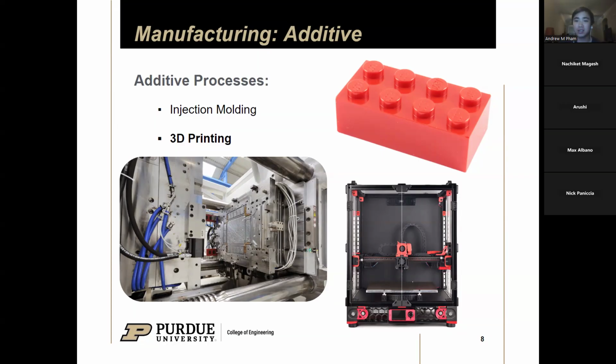But in this class, we're going to be focusing on 3D printing, mostly because as students, it's pretty available to us. I have them at my house, and there are plenty of them around campus. They're getting more and more available to students and the general consumer, which is pretty cool.